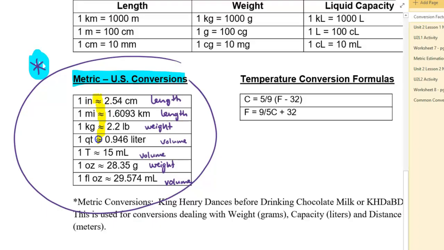It's not exact. So the conversions that you do will not be exact. And the more of these you use, the less accurate your answers will be. So limiting your use of these to one will keep your answers as accurate as they can be.